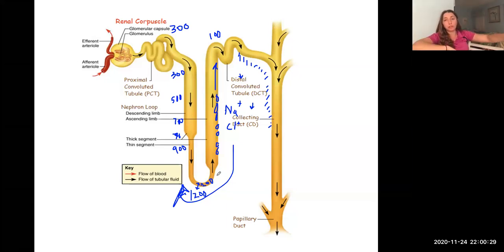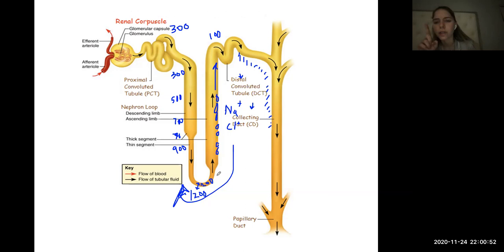Antidiuretic hormone. It makes you not pee because it wants to increase your blood volume, because you have low blood volume, so you need to increase it. How it does this is it makes sure that you reabsorb as much water as you can, depending on whether there's more or less ADH present.